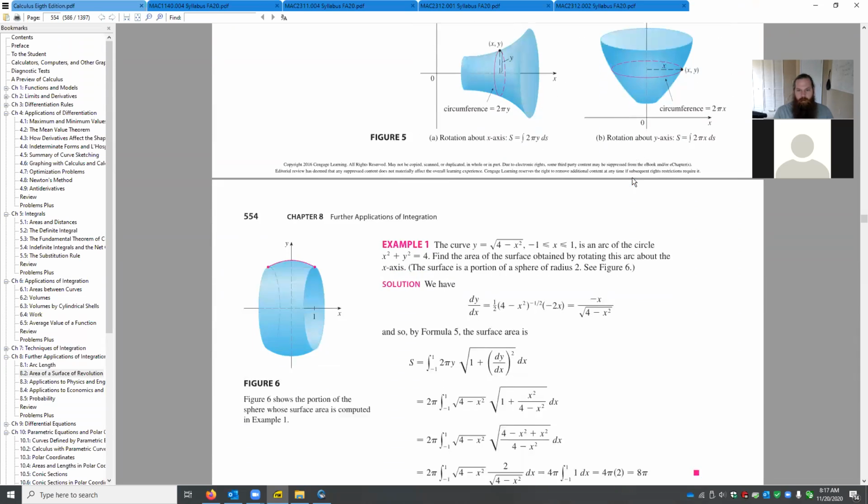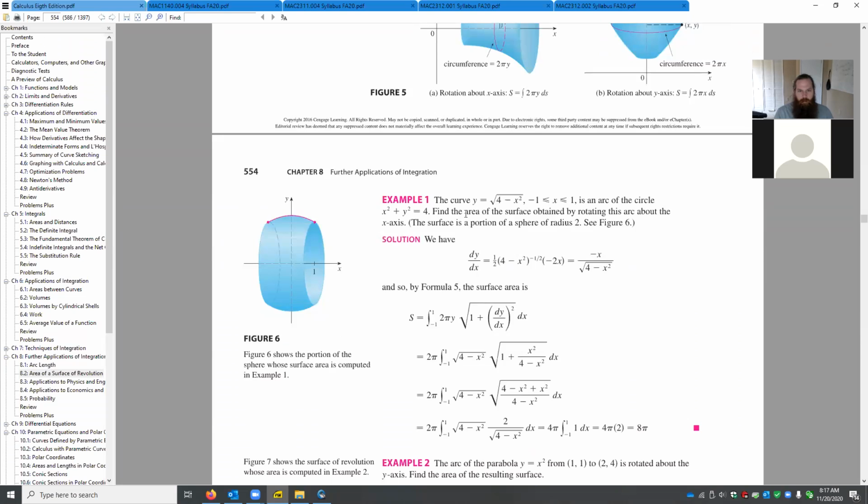Let's take a look at an explicit example. So we're going to look at this curve from -1 to 1, and we're going to rotate it about the x-axis. Then we're going to find the surface area of that portion of the sphere.